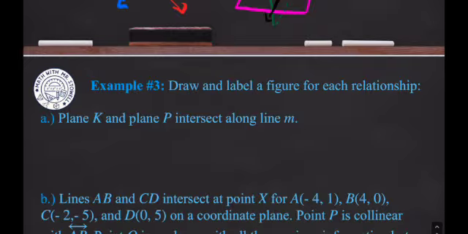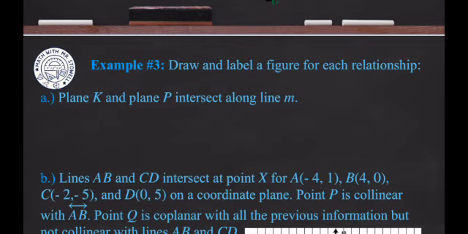Remember, we did example 1 and 2 yesterday. We did this in 2 parts. We're going to start with example 3. You could follow along in your textbook if you have it. We are going to draw and label a figure for each of the following relationships. We're given words, and we are going to draw pictures using these words.